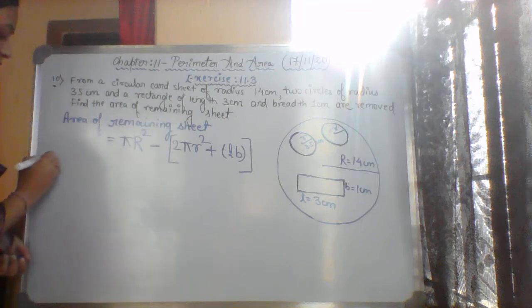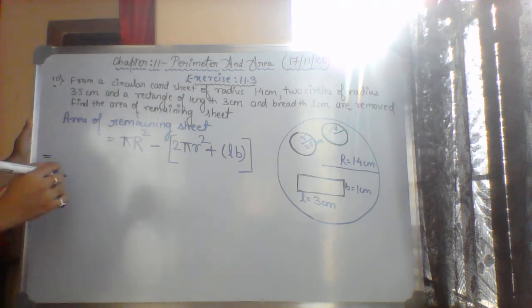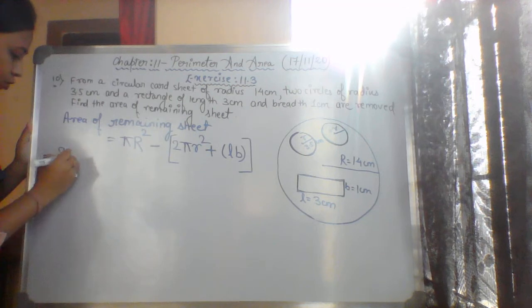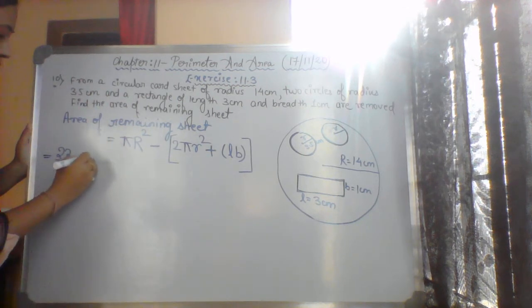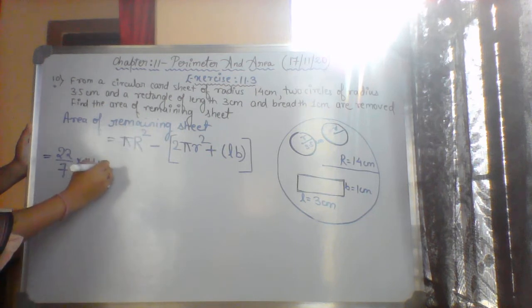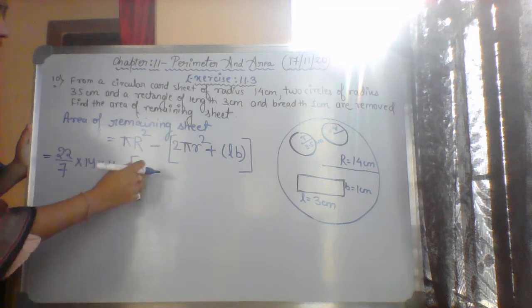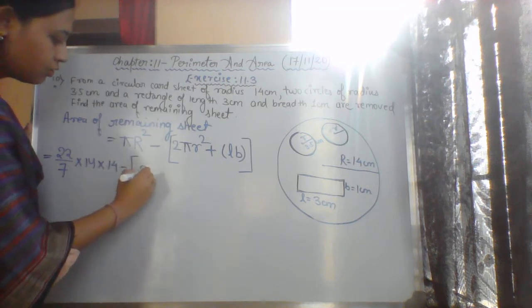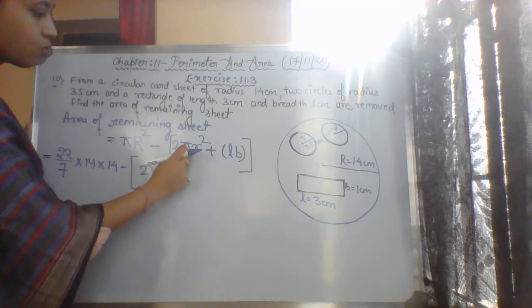Now you put the values. Pi, here they have told in the question to use 22 by 7. So 22 by 7, R is 14, so R square is 14 into 14, minus 2 into 22 by 7 into small r square.